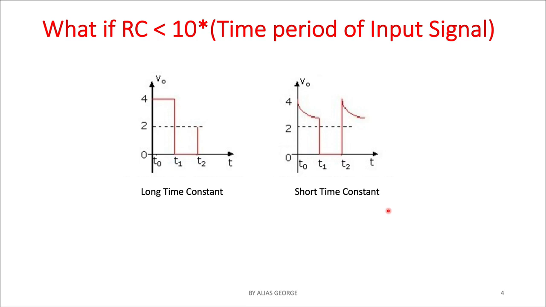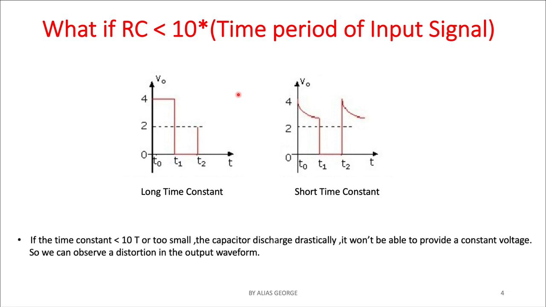That is why we are saying that in the case of the clamper circuit, to get a perfect output waveform, the RC constant should be 10 times greater than the time period of the input signal. In the next slide, this is what is written here, you can read it.